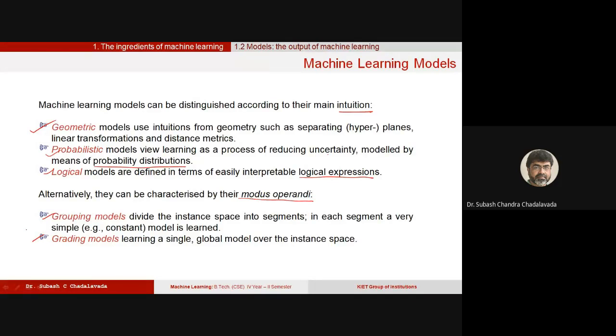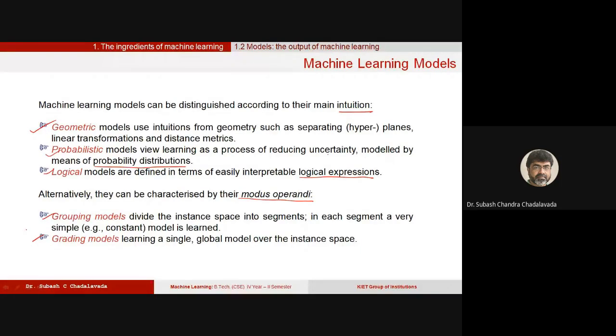In grouping models, you divide the entire instance space into segments or parts, and in each segment you use a simple model to learn, and you can use different models for different segments. The other is entirely different: if you consider the entire instance space and apply a single global model over it, that is called a grading model.